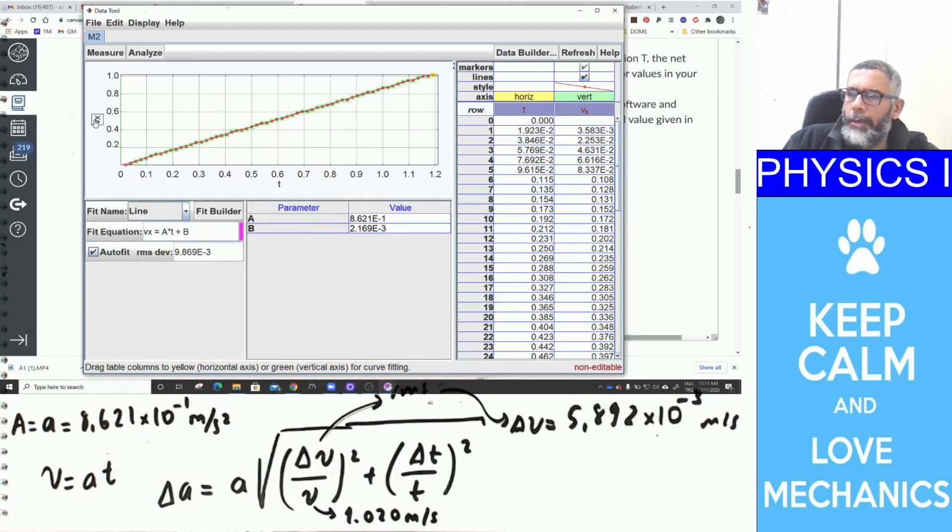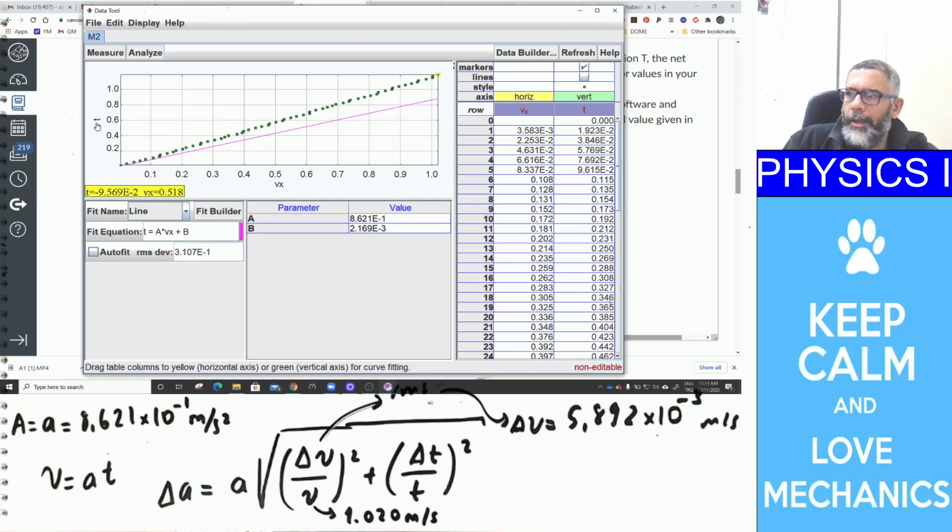Come over Vx, and T appears. If you select T, voila, T is now the vertical axis, and V is the horizontal axis. But you also have to check this autofit checkbox, so that Tracker fits this data again.